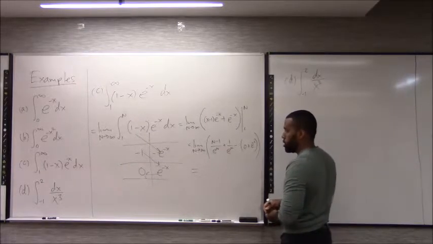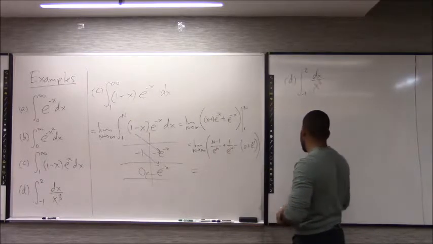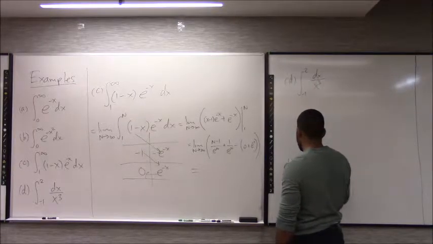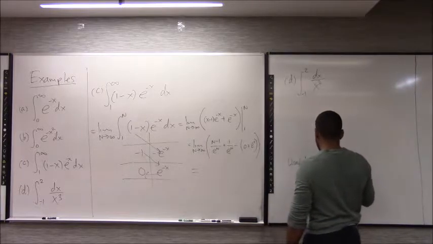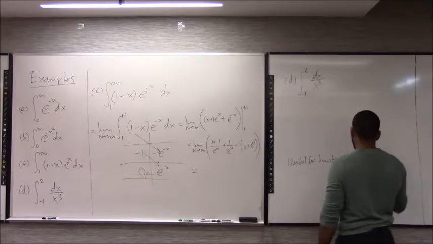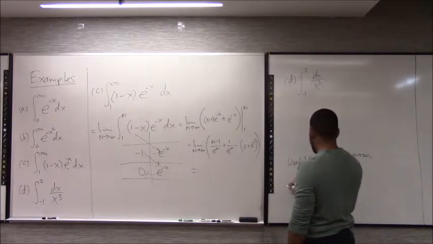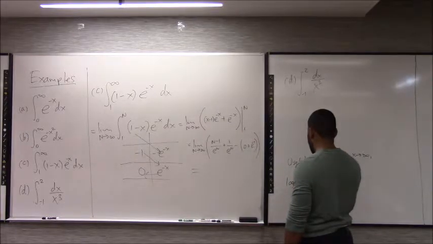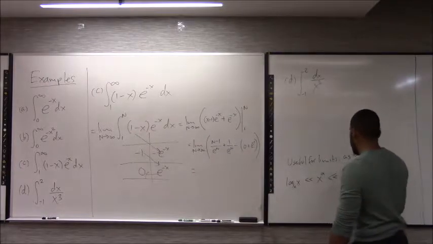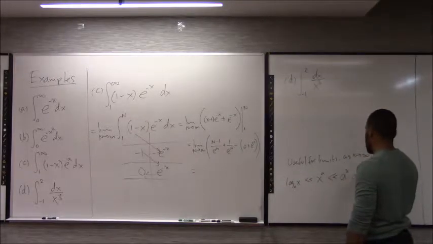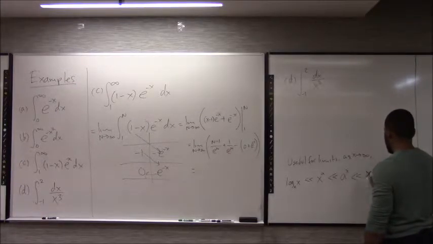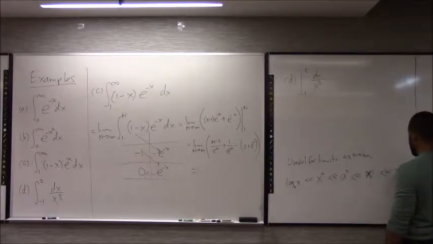You can also use how various functions relate to each other. In general, this is useful for limits as x approaches infinity. We have the following. Log to the base a of x is very much smaller than x to the a, which is very much smaller than a to the x, which is very much smaller than x factorial, which is very much smaller than x to the x.